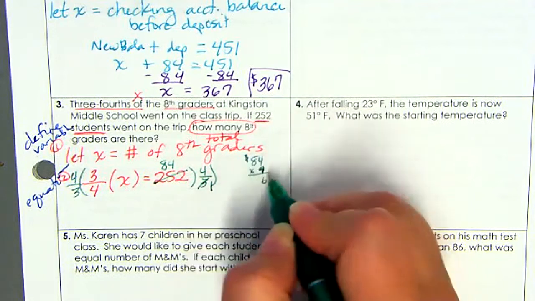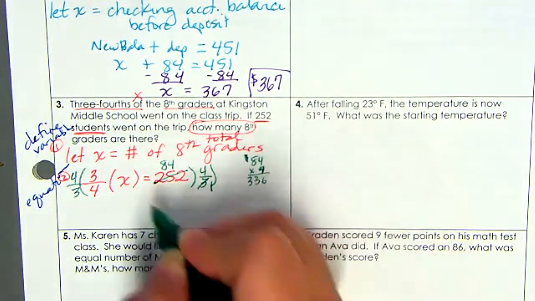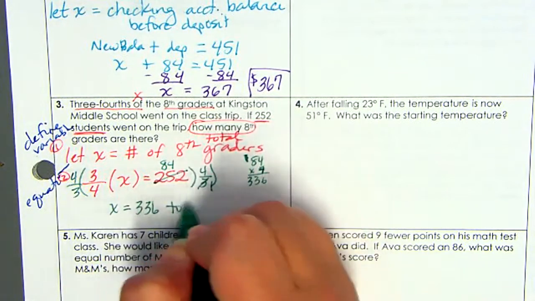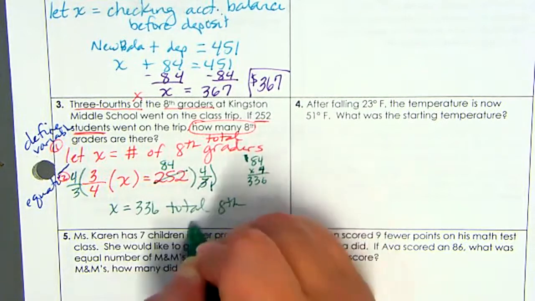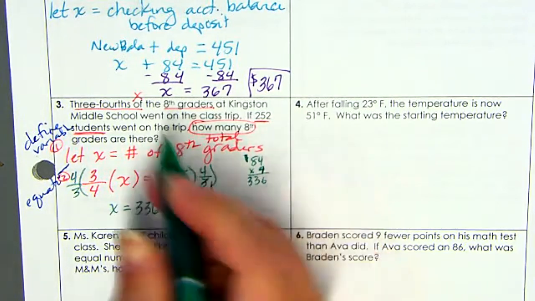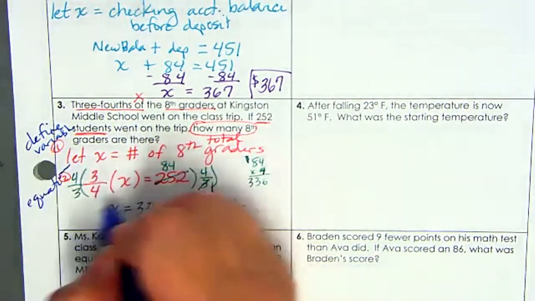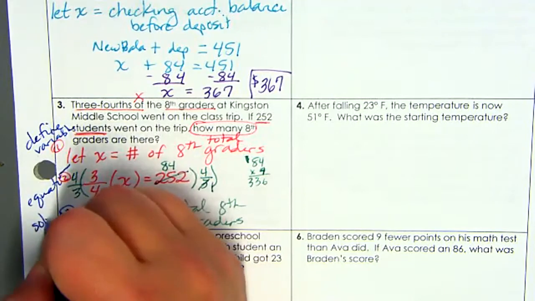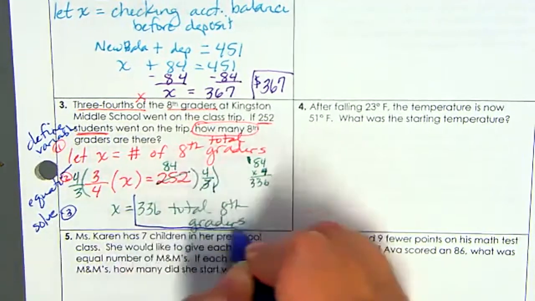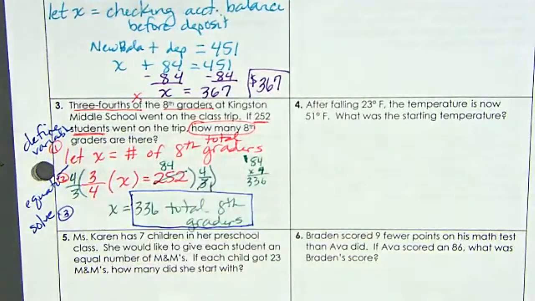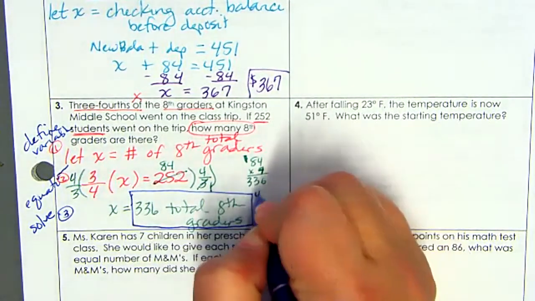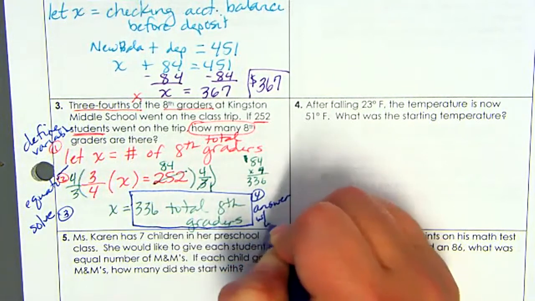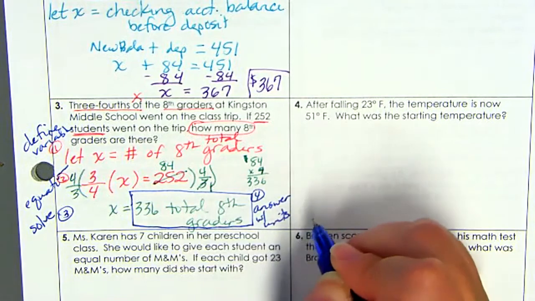Oh, that's a 1. That's why. So we get x equals 336 total 8th graders. And this is step 3 where you solve. And this is your answer, the answer with units. Since it's a word problem, you have to have your units.